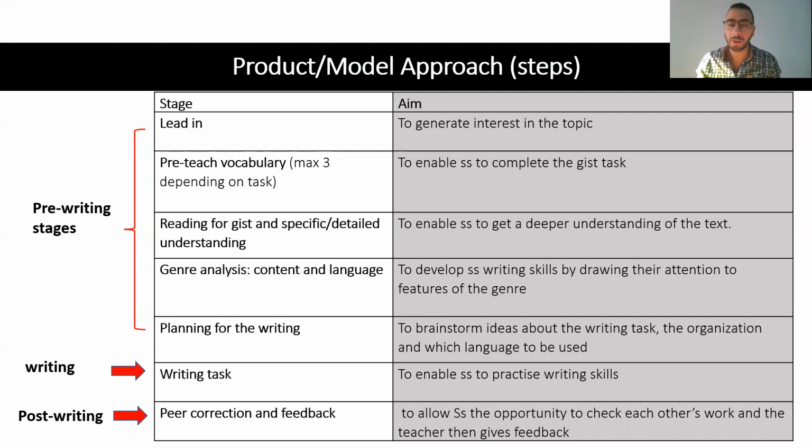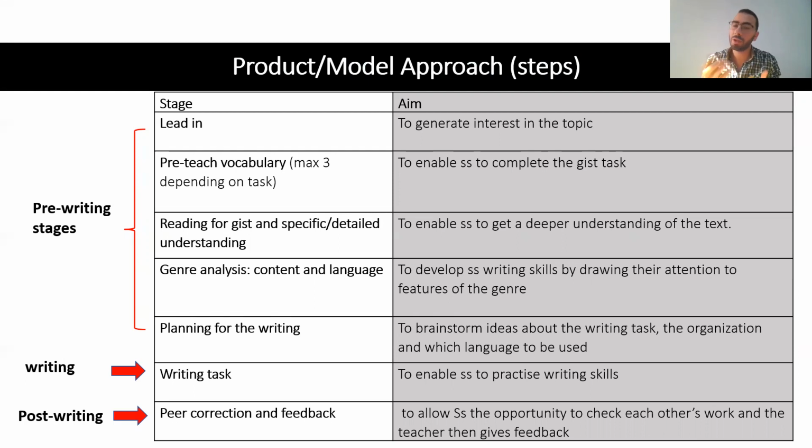And then because we have a text, we might need to pre-teach some vocabulary in case it's needed. It's optional. You don't have to pre-teach vocabulary. In case students need it, then we pre-teach quickly, and then we move to the text itself or the reading that we have. And in this one, giving them reading for gist is not always enough. We will need to give them tasks for specific or detailed understanding as well.